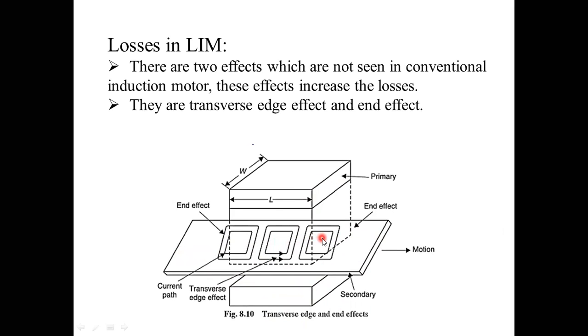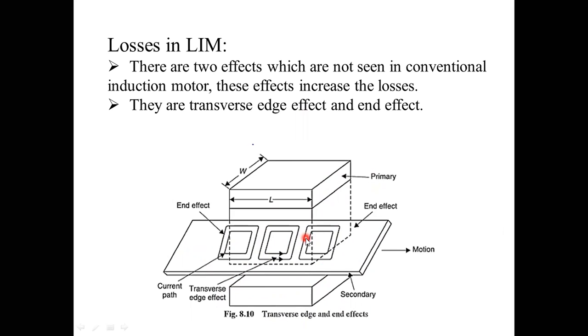Considering the aluminum sheet, how can the edge effect and end effects occur? Whenever the supply is given to the primary, the flux moves in this direction. Current flows in the winding with respect to all the conductors. Therefore, with the current, the flux is also moving.